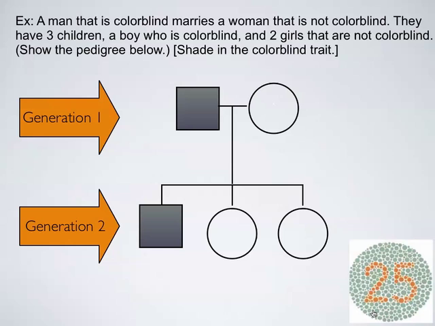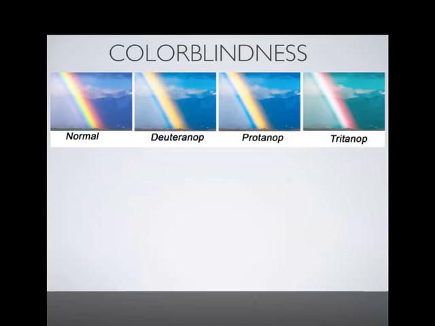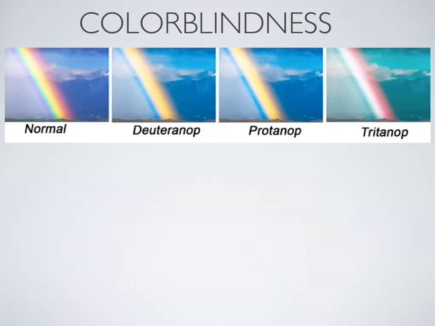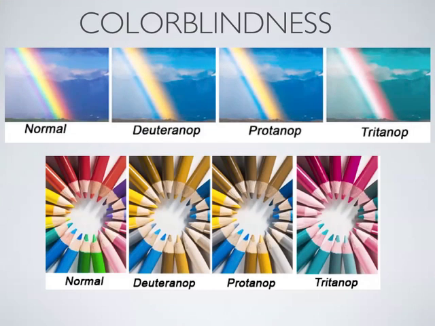Maybe a lot of you have taken a test for colorblindness, maybe when you go to the eye doctor. What they do is they show you various pictures and ask you sometimes to identify numbers in them. There's various types of colorblindness. You have normal vision where you can see all the colors and distinguish, and then various types of colorblindness. Here's what a person with normal vision would see looking at a variety of colored pencils.